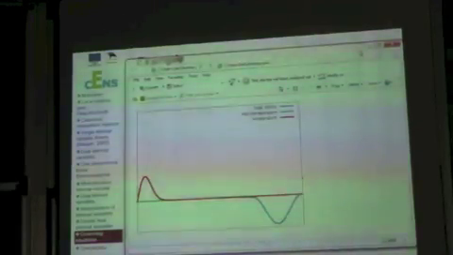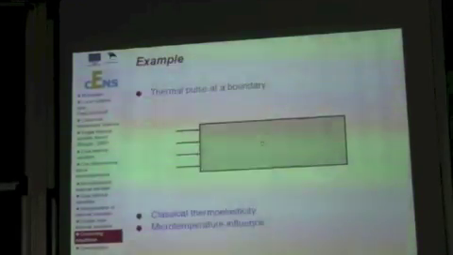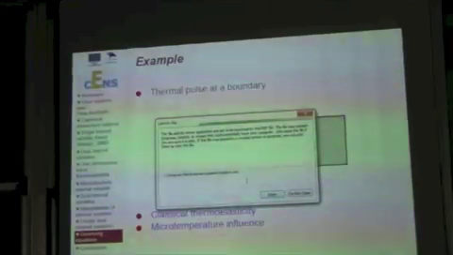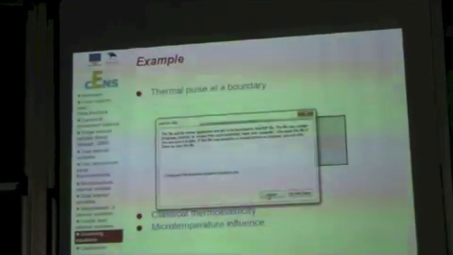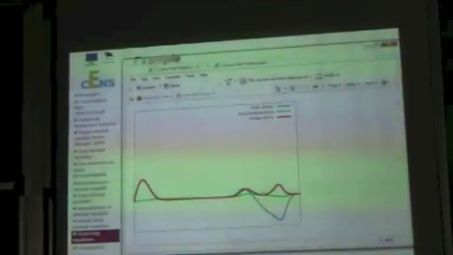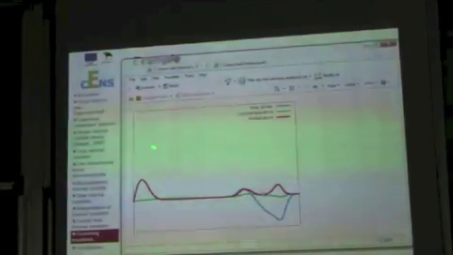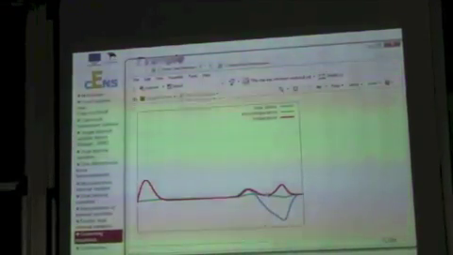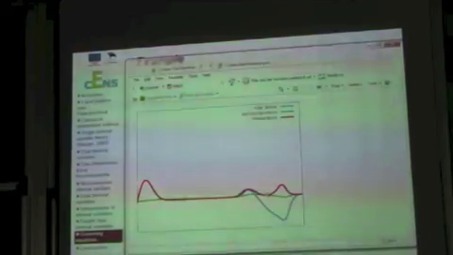And now I would like to show you what happens if we have microtemperature influence. It looks like that. So what do we have? We have almost the same behavior close to the boundary. It is standard hyperbolic motion of macrotemperature.